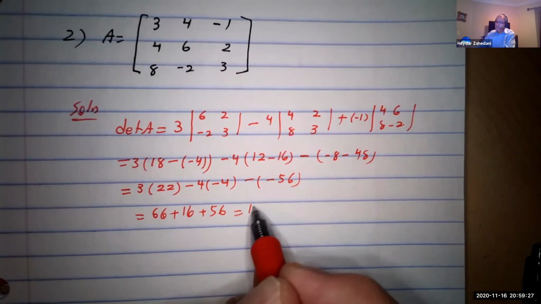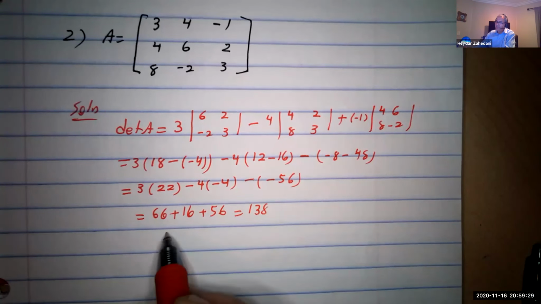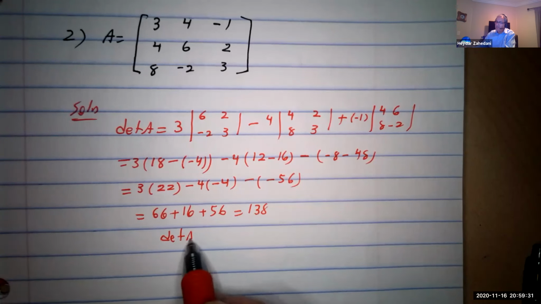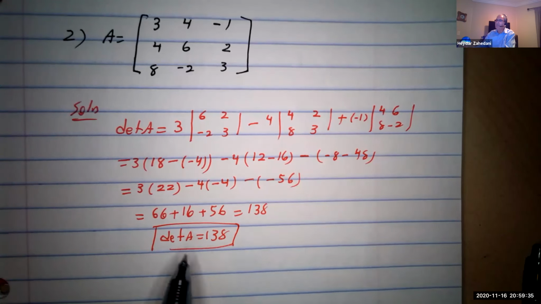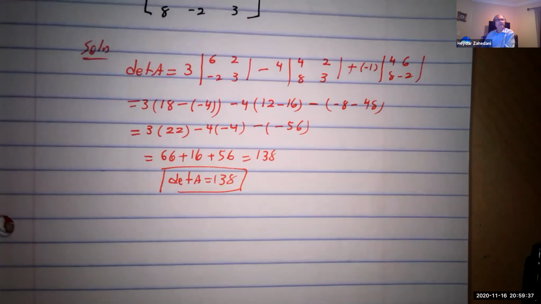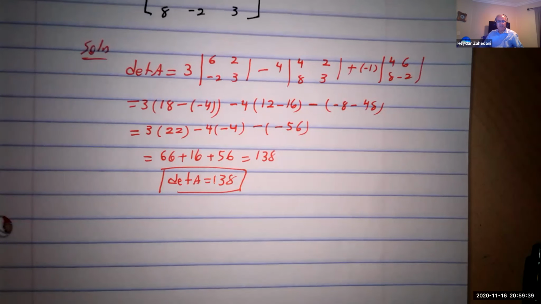The result, 138. So the determinant of A is going to be 138, and be done. Okay, so this is the way we're going to find the determinant of the given matrix. Any questions?